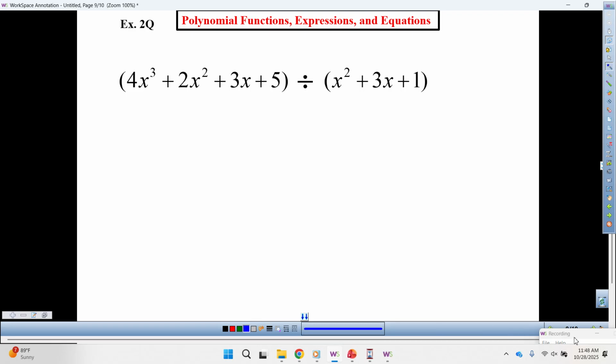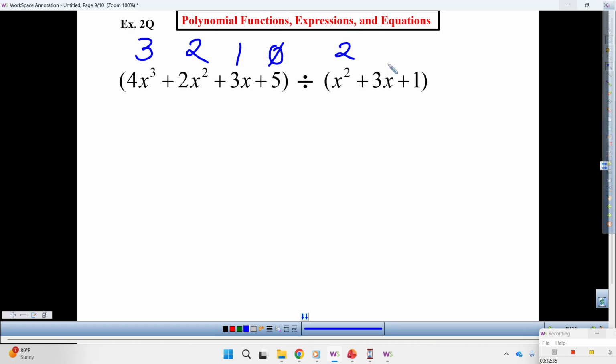Let me send it to your screen. All right, here we go. What's the first thing we check for? Jacob, what do we check for? Standard form. So what degree is the first term? 3. The next one?